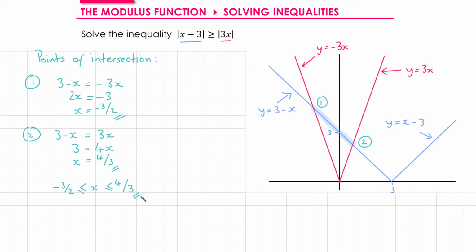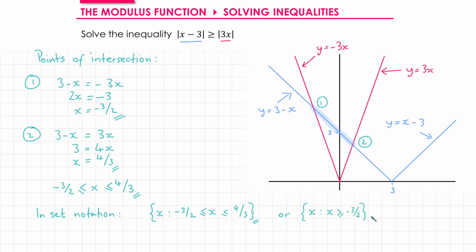Let's also write it in set notation. There's actually 2 ways you could do this. Probably the most straightforward way is just to write it in curly brackets with x colon, and then just put our inequality. Another way of writing it is two sets intersecting. So we could say that x is bigger than minus 3 over 2.